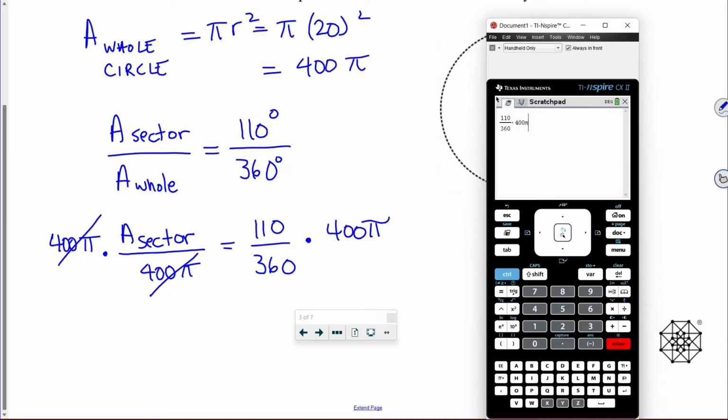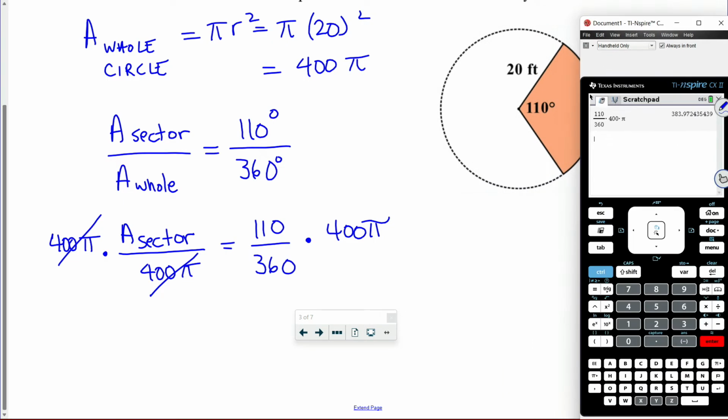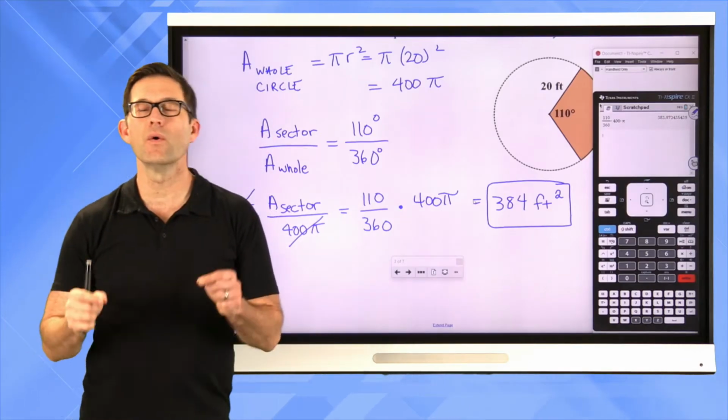Don't forget the pi. Never forget the pi. And we get a final answer of 384 square feet.